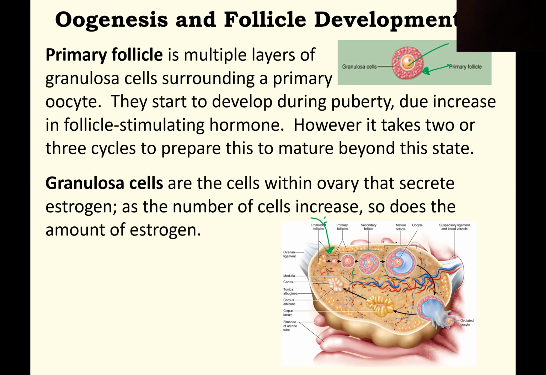So it has to be prepared, and the number of primary follicles depends on how much follicle stimulating hormone reaches individual follicles. The granulosa cells are important because these are the cells within the ovary that secrete estrogen. So as the number of granulosa cells increases, so does the volume of estrogen that's produced.